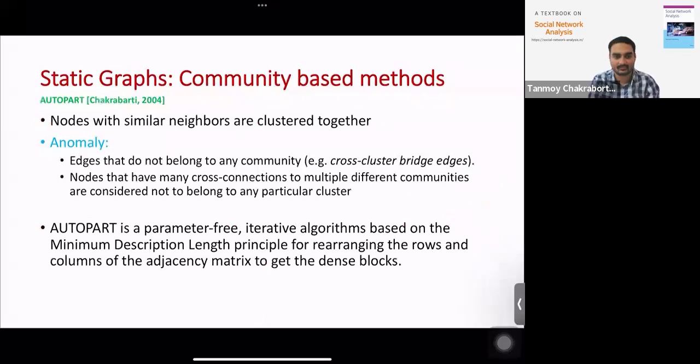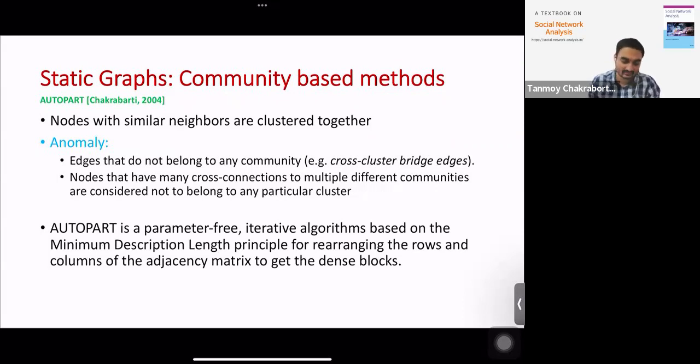Again, people sometimes used minimum description length, an entropy based approach, the kind of infomap type approach that we read earlier for community detection. And then you say that I essentially encode nodes in such a way that anomalous nodes will have higher description length compared to the same for the normal nodes.